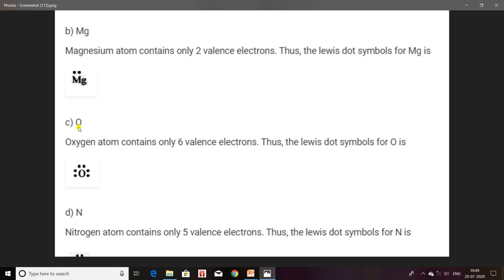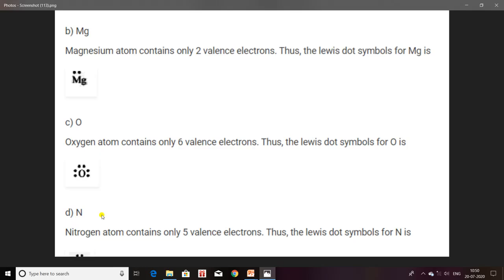Next is oxygen. Atomic number of oxygen is 8 and electronic configuration is 1s2, 2s2, 2p4. Now you have to count electrons in 2s orbital and 2p orbital. So total there are 6 valence electrons. Here we will represent 6 electrons on oxygen atom. Now next one is nitrogen.